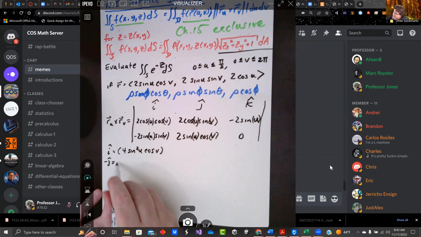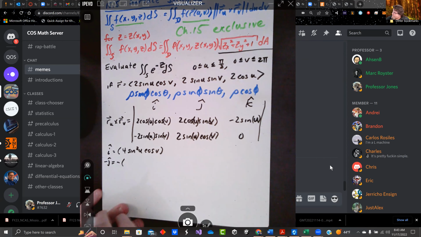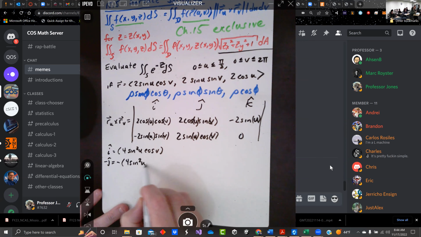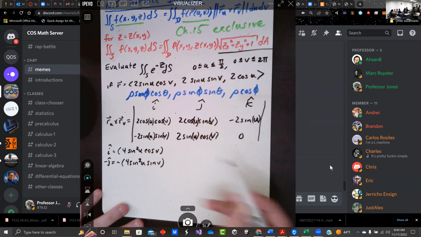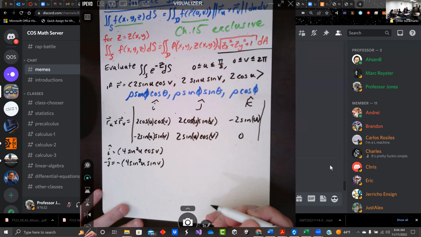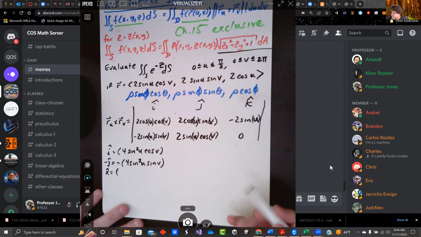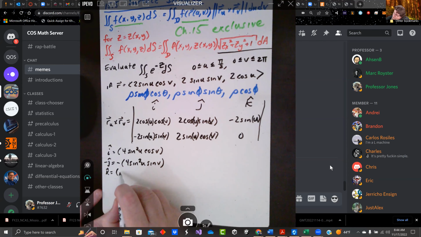I got a minus outside for the j hat, minus 4 sine squared u sine v. And then my k hat isn't the prettiest thing.